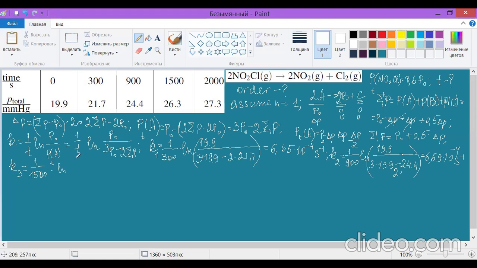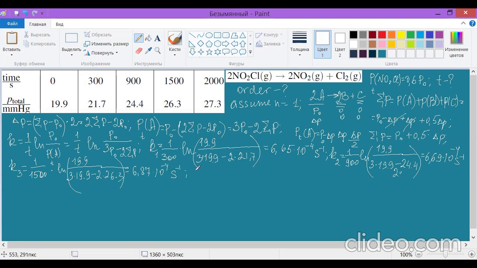It's 19.9 over 3 times 19.9 minus 2 times 26.3, and the result is 6.87 times 10 to the minus 4. Again, very close, and that's a good sign.